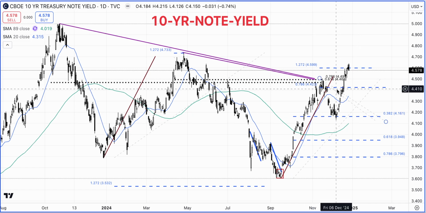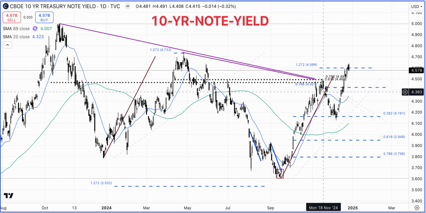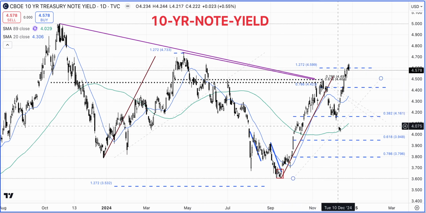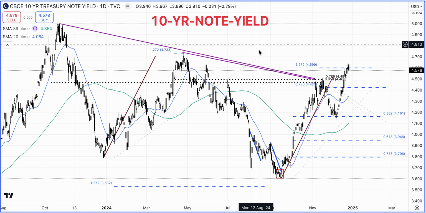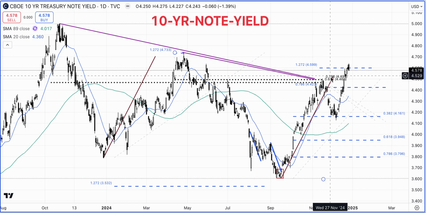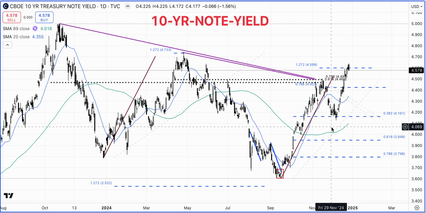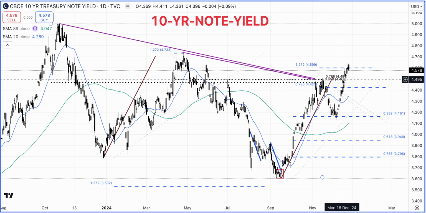We can see that we had a key pattern formation right here, where we were looking for this market to start moving lower, meaning the yields moving lower on the 10-year Treasury note. But what we saw was, it did happen. We found support from the 38.2% retracement, and it just began to rise higher.